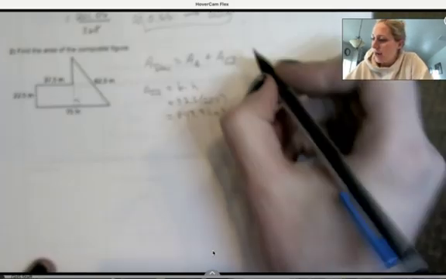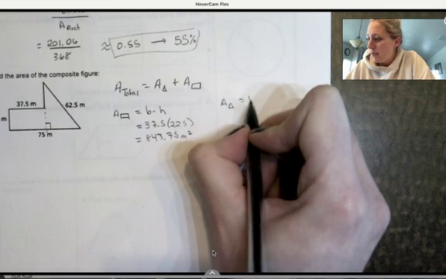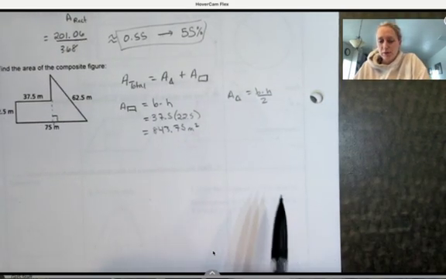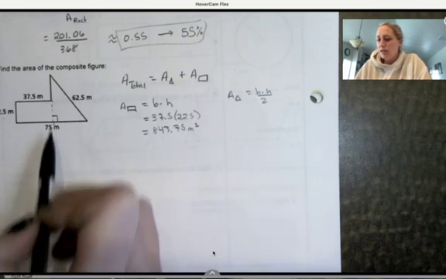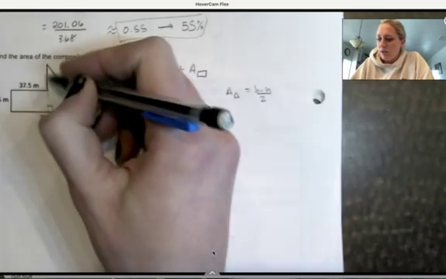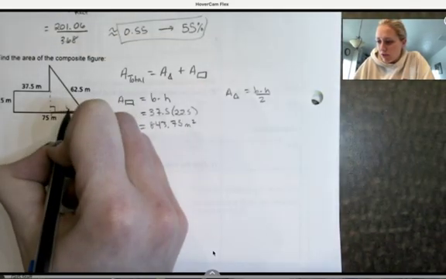So area of the triangle is equal to base times height divided by 2. Okay, so we need a couple things. We need to know this base right here, and I need to know this height. Well, we can figure out the base, so I'm just going to call this B for now.